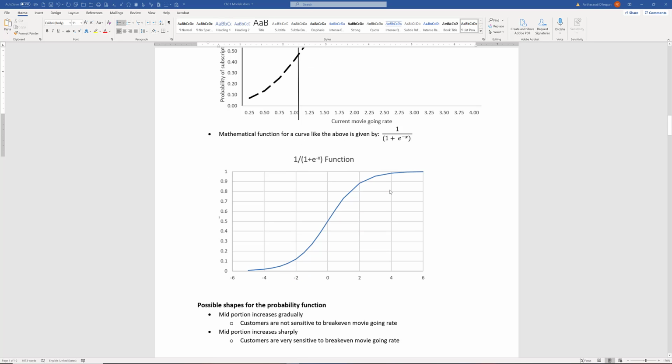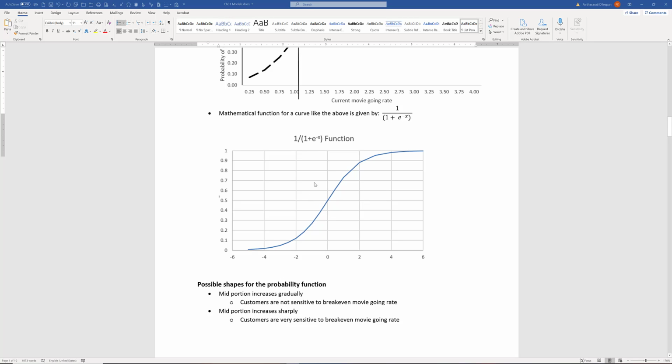What we want to see is that in this area, as you get closer to 0 for x, that is, current movie going rate minus break-even, you want the probability to increase faster than it increases around here or around here. How much faster is going to depend upon the movie going behavior of customers.